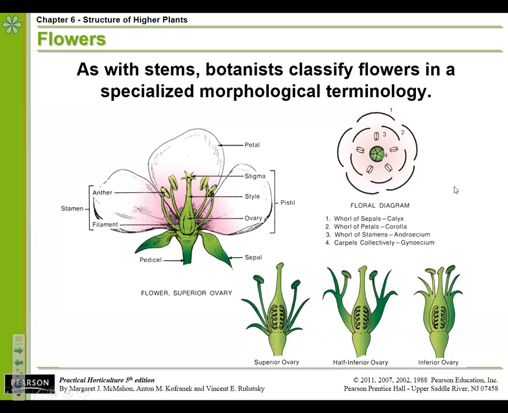All right, so the floral parts are very important, and because of that, if you're trying to identify a plant, you might not always be able to do that within one season. It might take multiple seasons in order to be able to identify it, because you don't necessarily have the flowers there always.